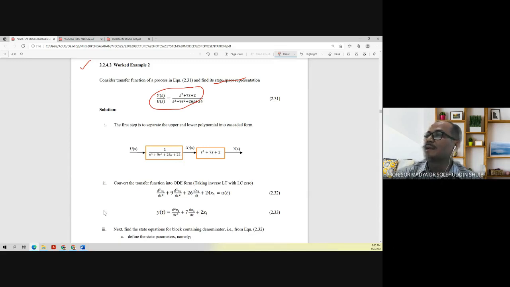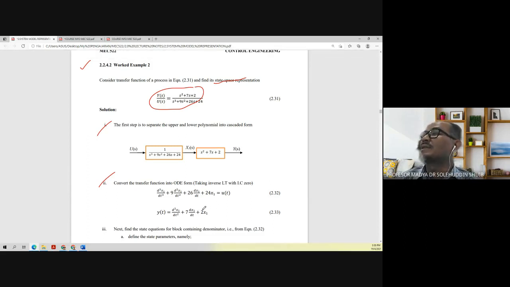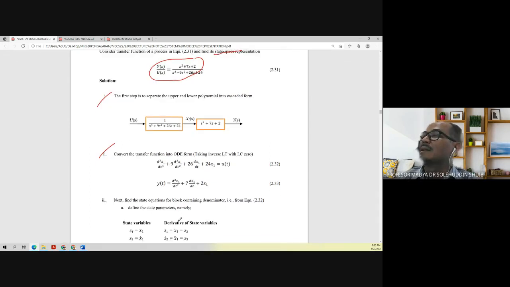We convert the transfer function into ordinary differential equation form, taking the inverse Laplace with initial conditions of 0. We get d cubed x1 plus 9 d squared x1 over dt, and then 26 and 24.